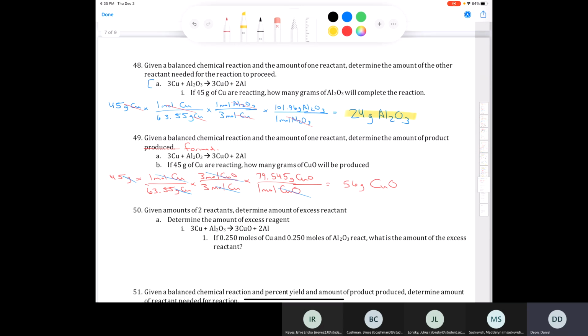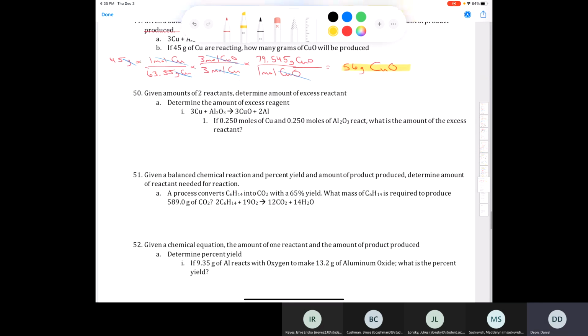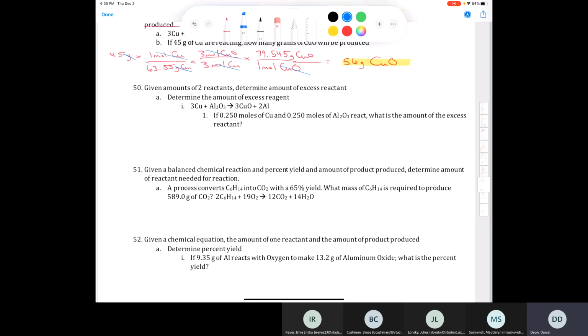Number 50, given the amounts of 2 reactants, determine the amount of excess reactant left over. We already solved this problem before, didn't we? We did something almost identical to it. If we write down our balanced equation, so 3 copper plus 1 aluminum oxide produces 3 copper 2 oxide plus 2 aluminum.